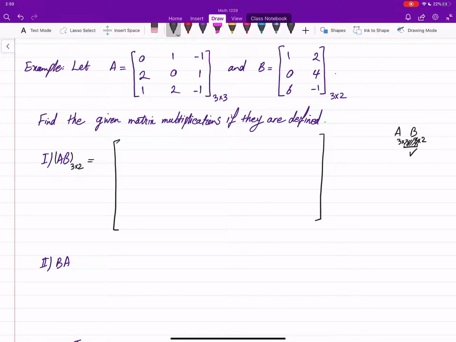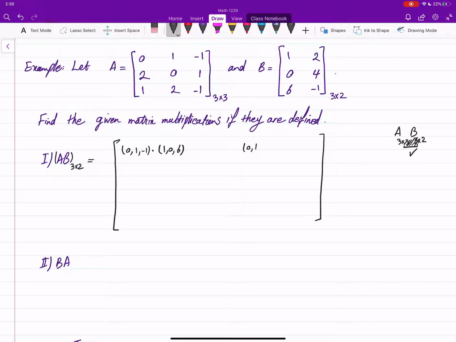We have to find the entries here. So to find the first row, first column entry of the product, you have to pick the first row of A, which is 0, 1, -1, and make it in the vector form, and the first column of B, 1, 0, 6. Find the dot product.